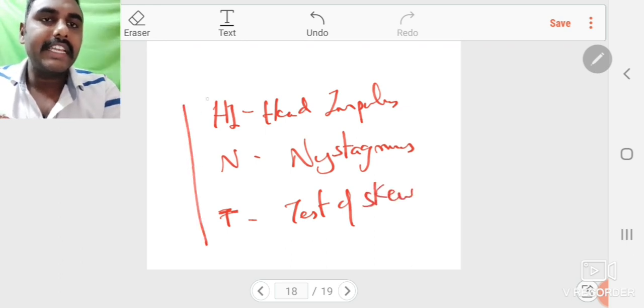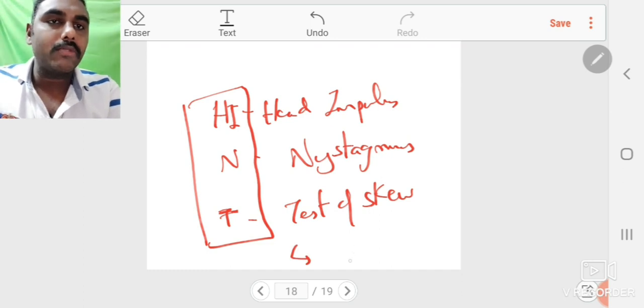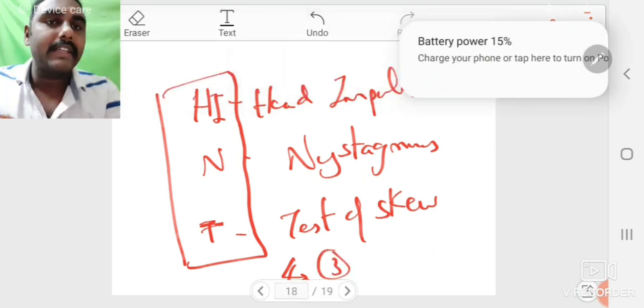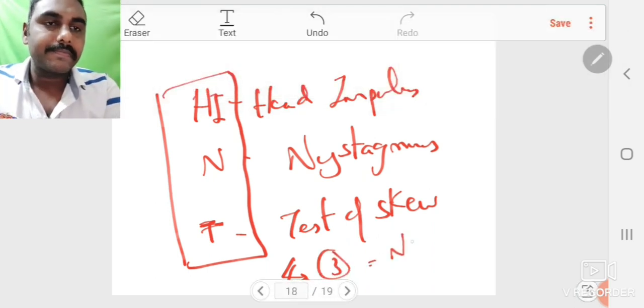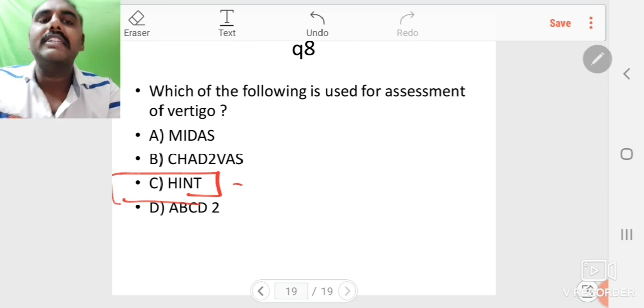So this HINT score detects the 3-point oculomotor score, that's the 3-point score for detecting the nystagmus. So the answer is option C, which is HINT score.